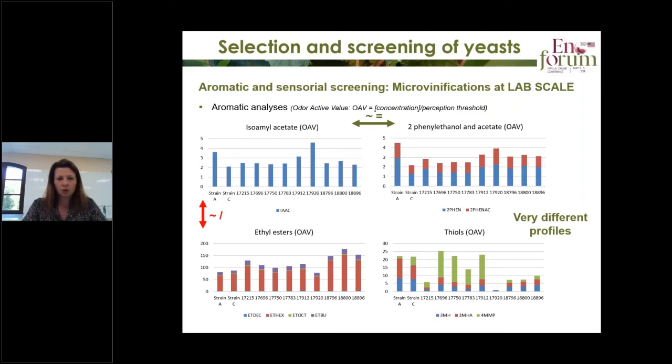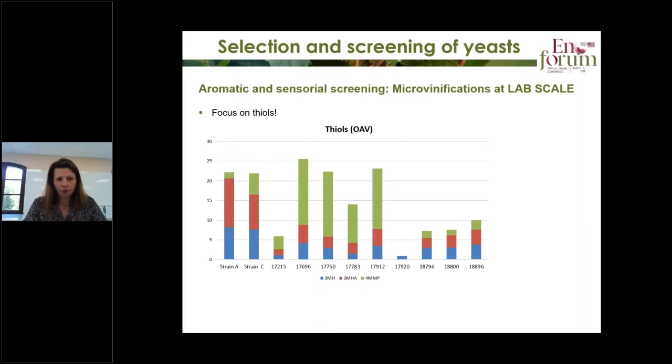And we can see a good correlation between isoamyl acetate, 2-phenylethanol and acetates. For example, a strain like this, which produces a high level of isoamyl acetate, produces a high level of 2-phenylethanol and acetate. On the other hand, there is no such good correlation between isoamyl acetate and ethyl ester, and there is no link between isoamyl acetate and thiol.